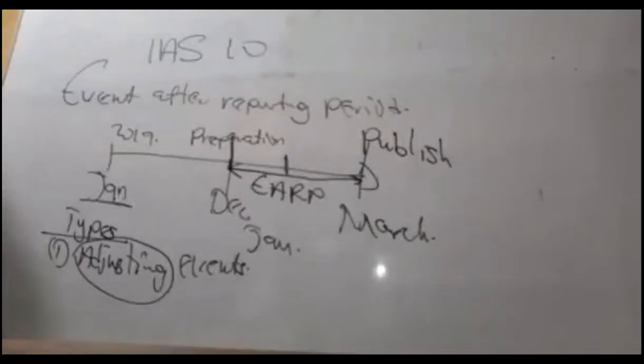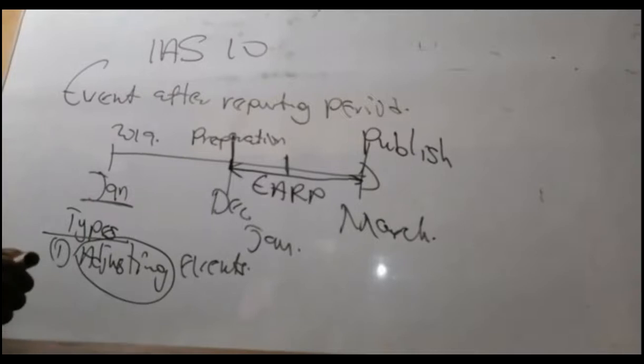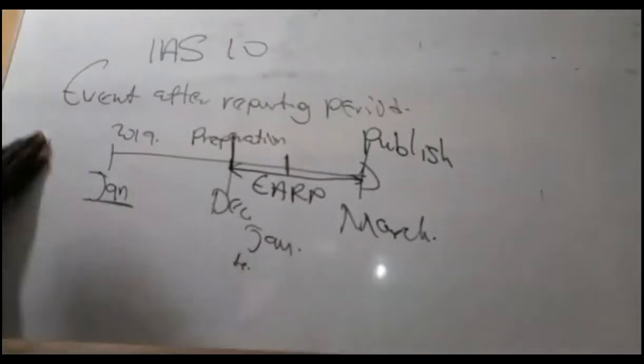We will discuss about five. The first example of adjusting events is the written down value of assets. So that's the first example that we are going to look at.